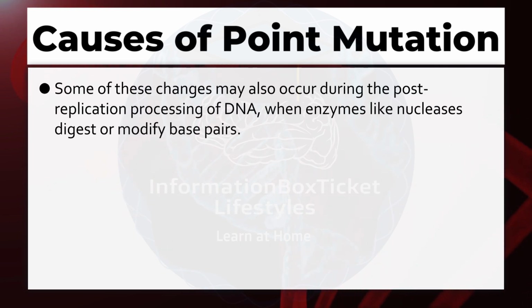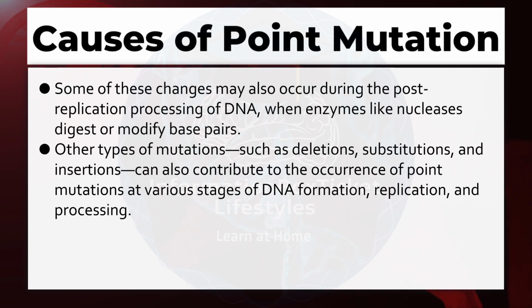Some of these changes may also occur during the post-replication processing of DNA, when enzymes like nucleases digest or modify base pairs. Other types of mutations, such as deletions, substitutions, and insertions, can also contribute to the occurrence of point mutations at various stages of DNA formation, replication, and processing.